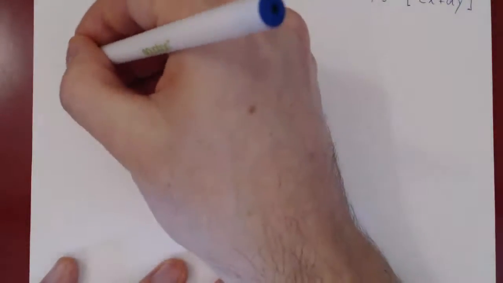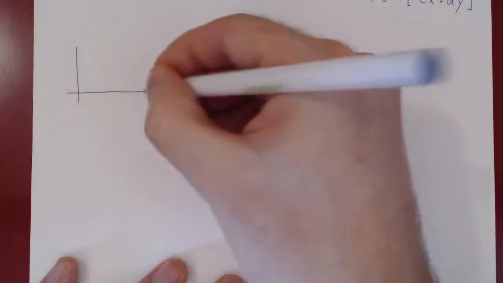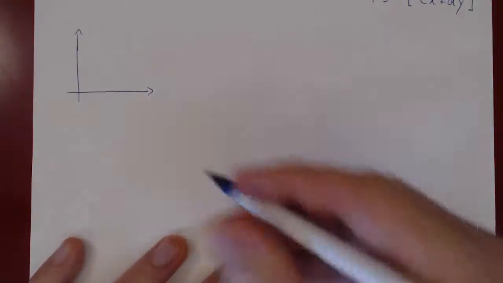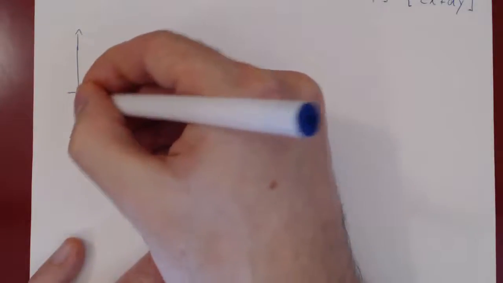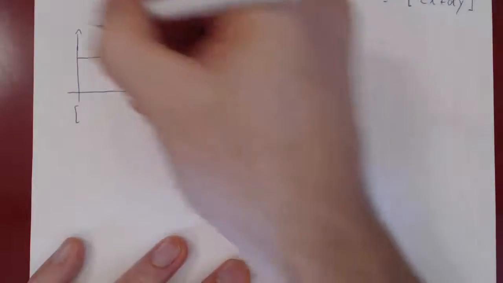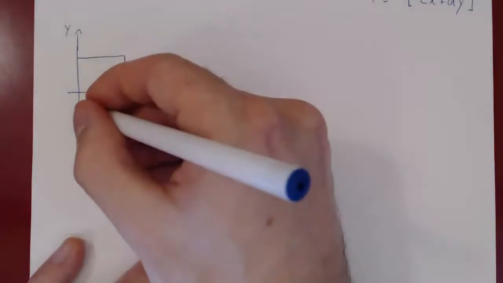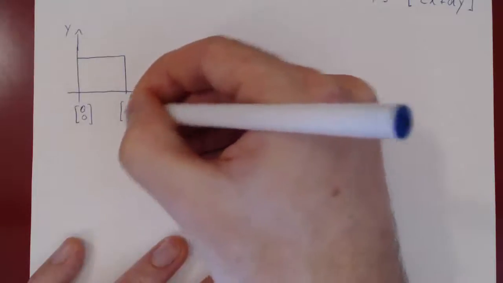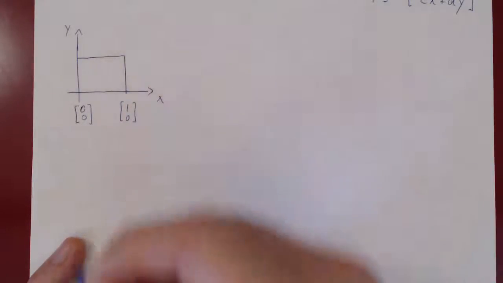Suppose we take the unit square in the xy plane. So the point 0, 0. This is the x-axis, the y-axis. We have the origin, the point 0, 0. This is the point x equals 1, y equals 0.